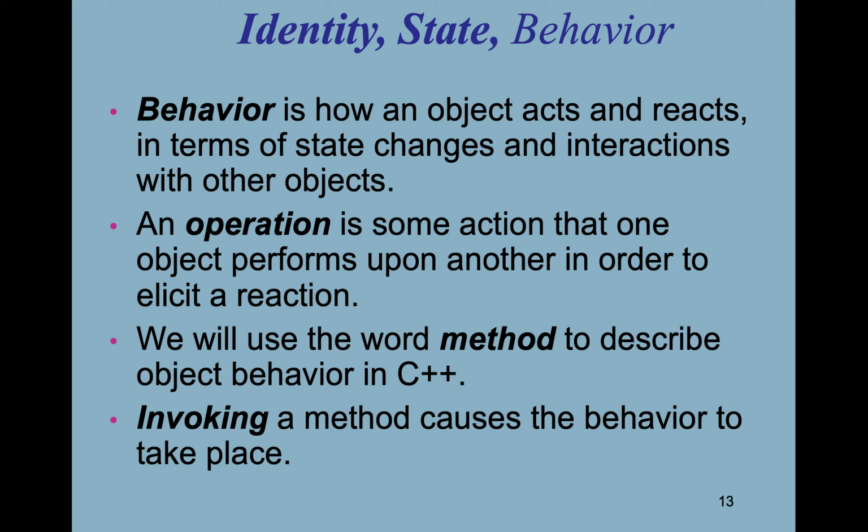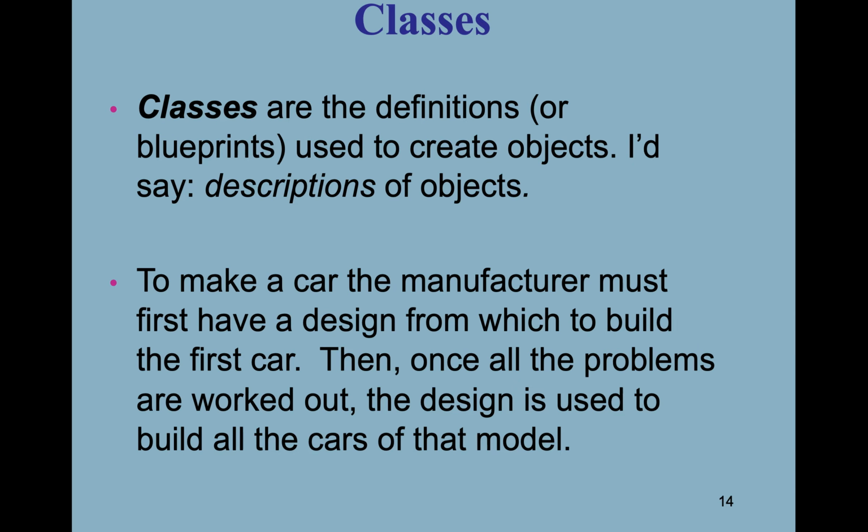Well, we also use the word method in Java. So invoking a method causes the behavior to take place for the most part. Whether we're in C++ or in Java, the method is the messages or the functions. So the classes in general are definitions or blueprints used to create the objects, descriptions of the objects.